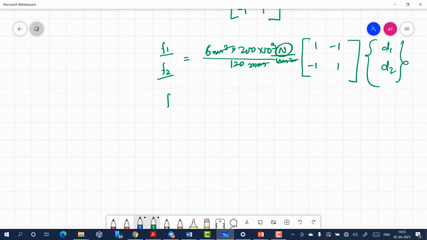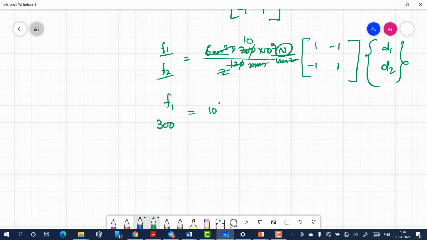On node number 1 we have a reaction force F1, and on node number 2 we have a force which is 300 newtons. This is equal to 1,200,000 divided by 120, so I can cancel some things out here, and this is 10,000.